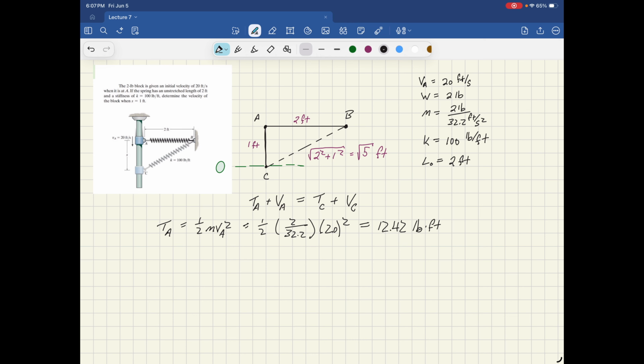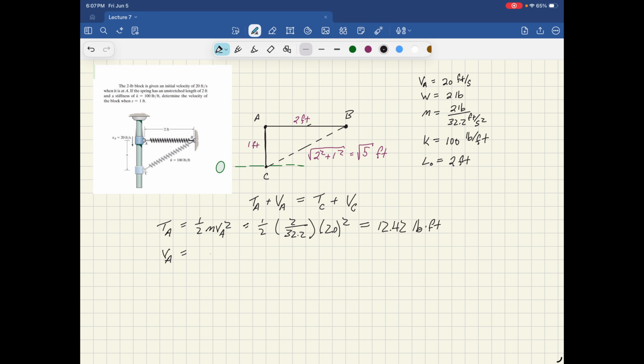Okay, and the potential energy is only going to be gravitational potential energy. We can write them both down, but we know that the unstretched length of the spring is 2 feet, so the spring isn't stretched. The only thing we have is the fact that it's 1 foot above the datum.